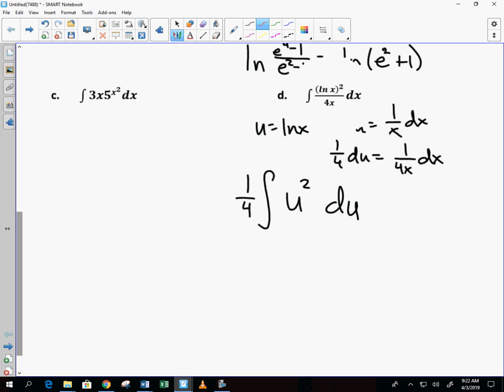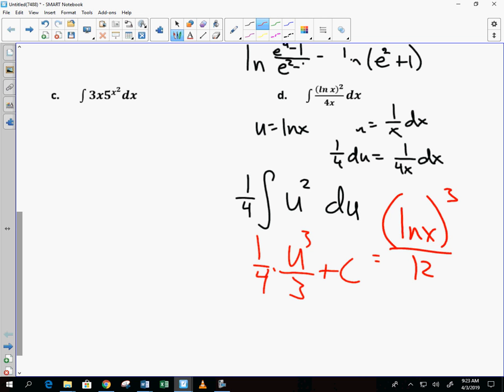What's the antiderivative of u squared? So if we multiply by a fourth, we get, what is u? u is the natural log of x. So we have the natural log of x cubed divided by 12 plus c. That's our antiderivative.